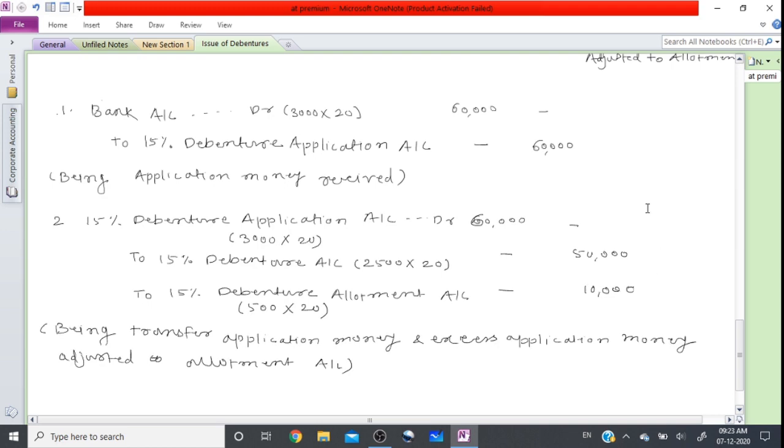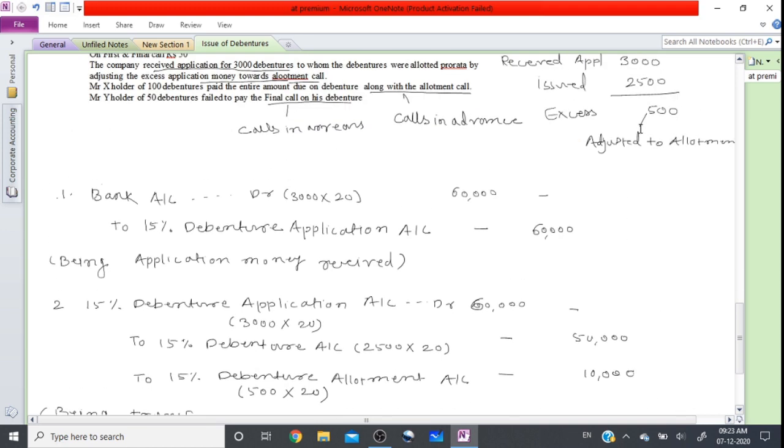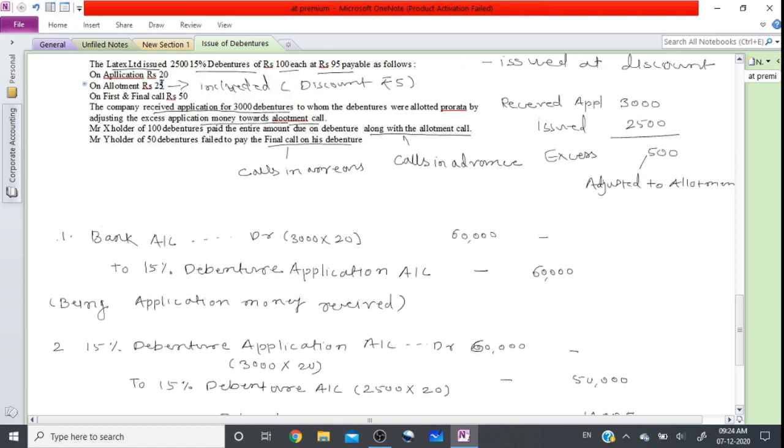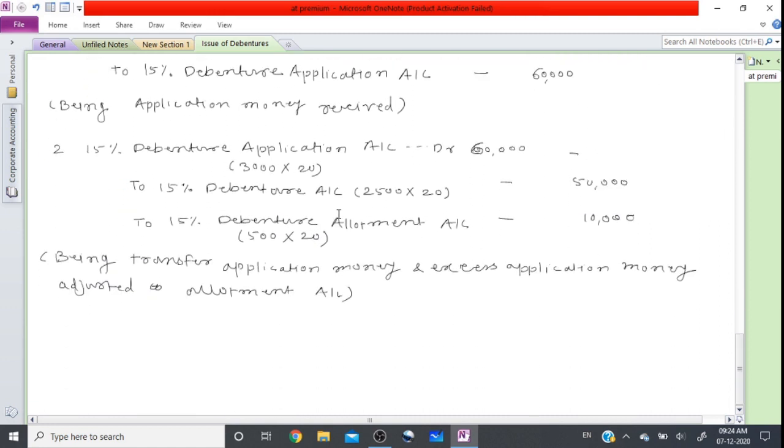Okay, I told you the excess application money is 500. So that excess application money will be 500 into application money. See here, application money is 20. Okay, 10,000.